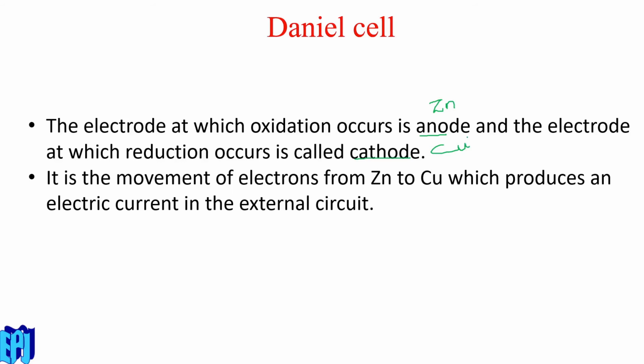We will explain why this is so, because it depends upon the terms oxidation potential and reduction potential. We will discuss that on the next slides. So we can say that the electrons always flow from anode to cathode. Why?